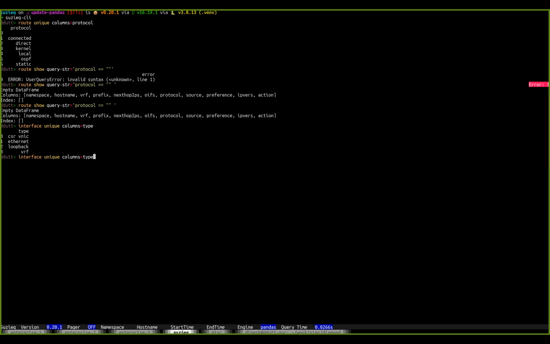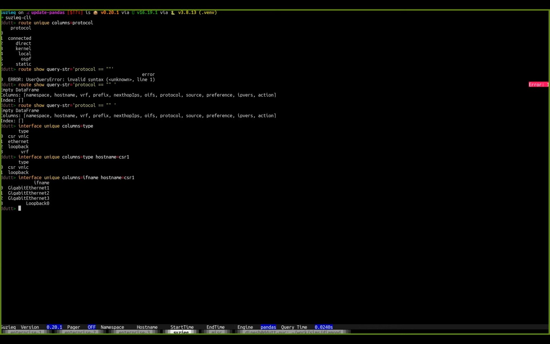You can, of course, reduce everything down to one device. You can say hostname equals CSR1 and just see what it is for a particular hostname to keep things simple. For example, let's take another example. Let's say interface unique column equals IF name, and let's reduce it to the hostname CSR1.